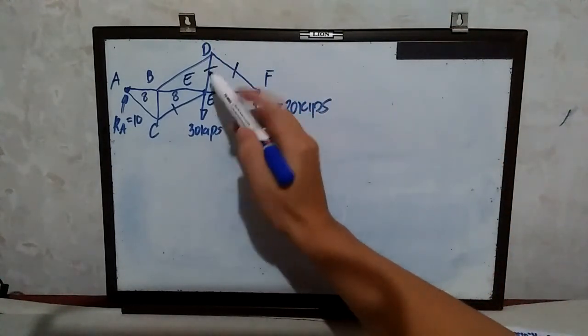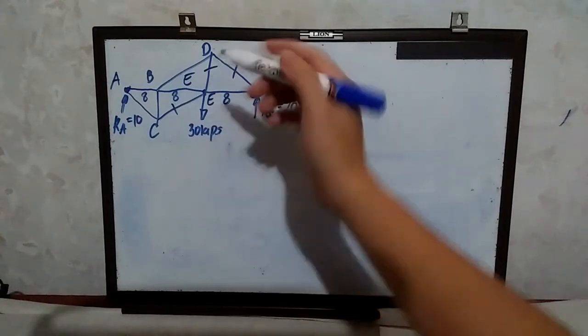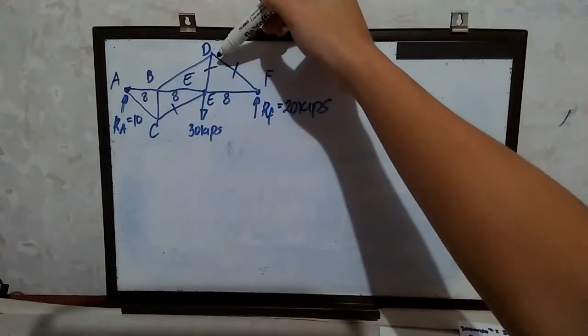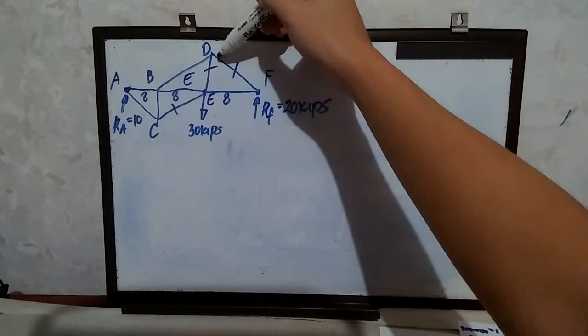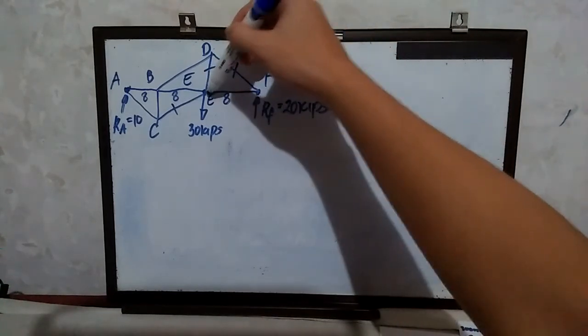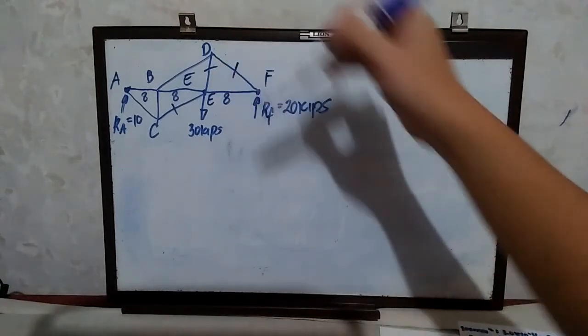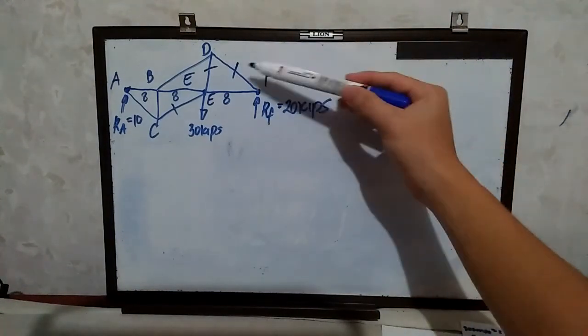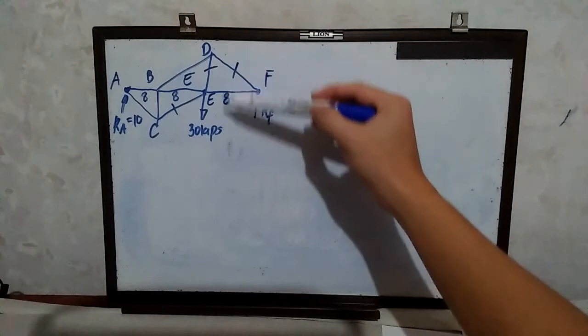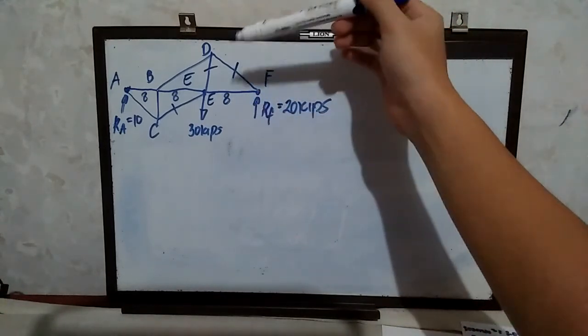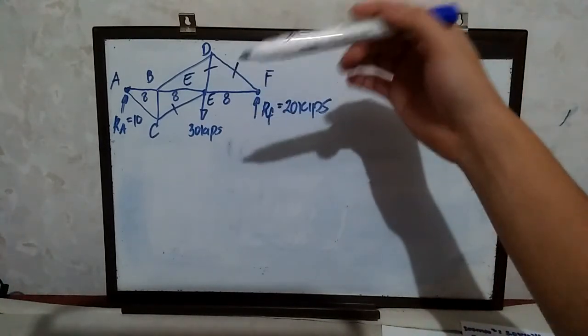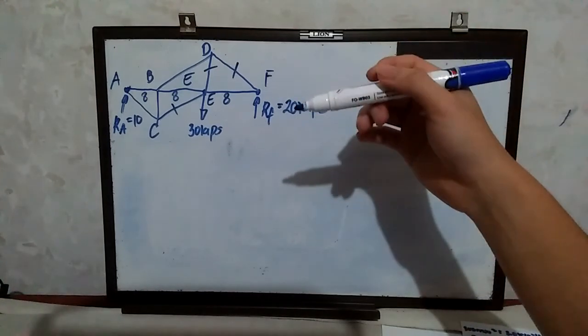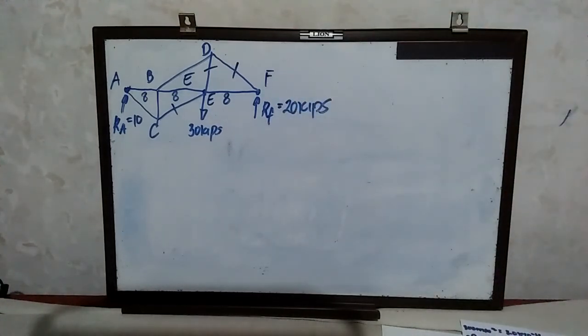If we directly go to member DE, we don't have any information regarding the forces being imposed on members DF and EF, which is difficult because we don't know the internal forces acting on this set of members. So that's why we need to go to the member that has available data. Okay? That would be part 1 of this lecture.